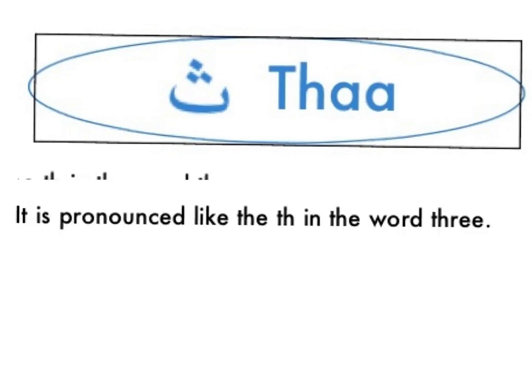The letter tha is pronounced like the th in the word three. Since the letter has 3 dots, you can remember it and what sound it makes by thinking of the word three.